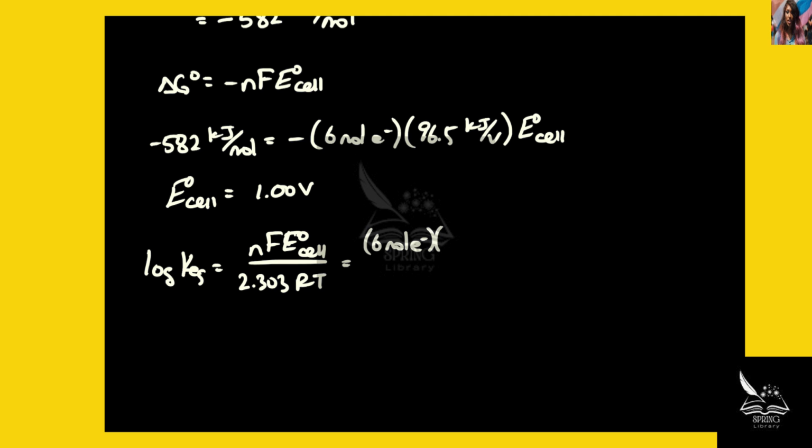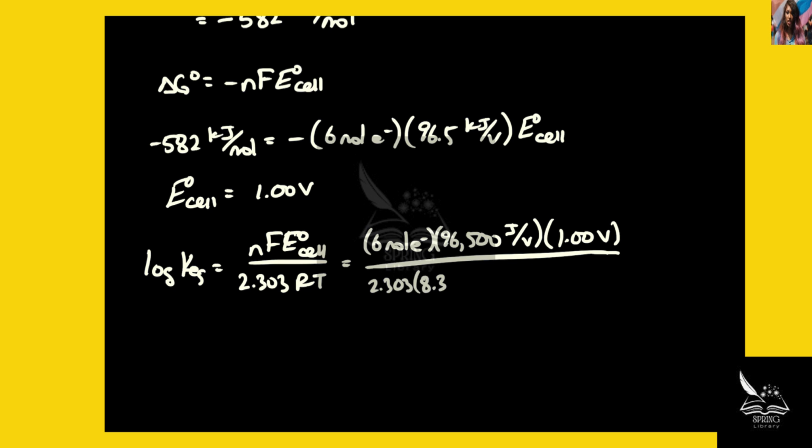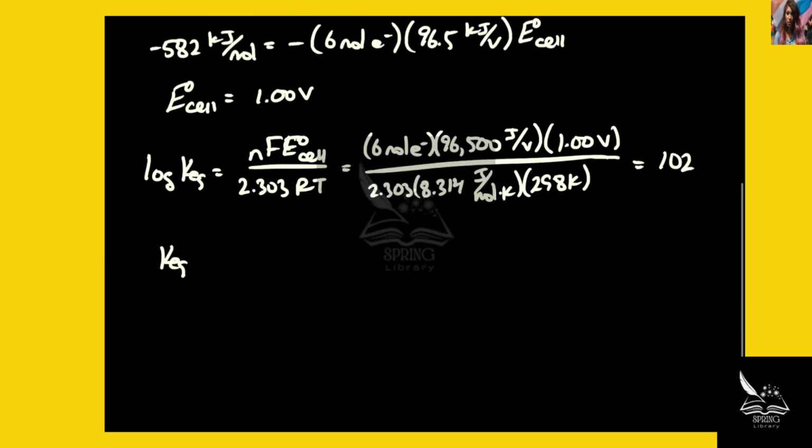F is 96,500 joules per volt. E naught cell is 1 volt, which we just calculated, 2.303, 8.314 joules per mole Kelvin. Temperature is 298 Kelvin, and this would be equal to 102. KEQ is equal to 10 to the 102, and that would be our equilibrium constant.